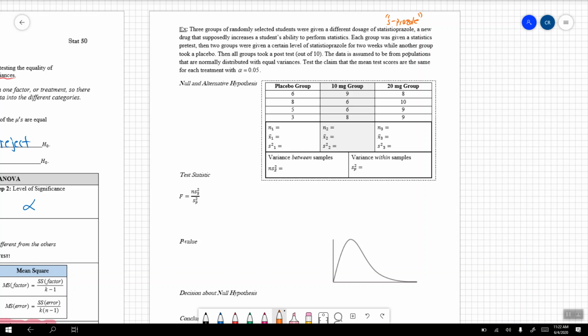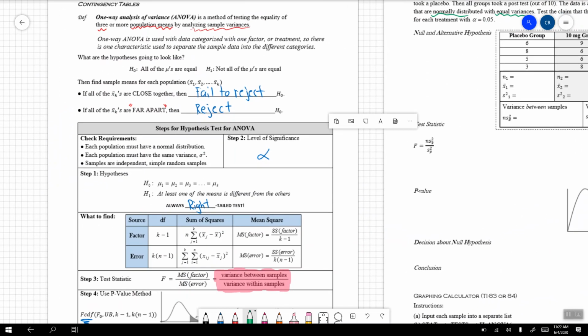The data is assumed to be from populations that are normally distributed with equal variances. Alright, so here's where they're telling us that these populations are normally distributed, which is important for us to analyze, and they also have equal variances.